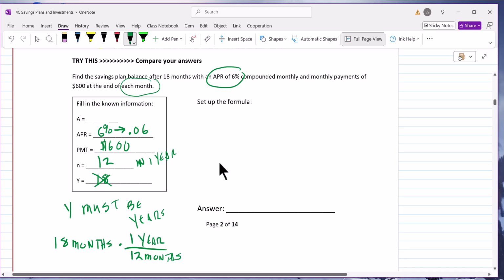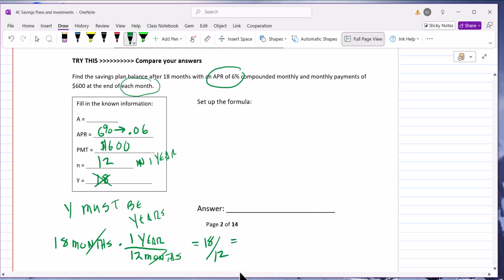Okay, and see, that's like we've talked about all this unit conversion stuff. You just do 18 divided by 12. And if you do that on the calculator, that's going to be 1.5. So what you put in for Y is 1.5. Okay, so that's the only part of the problem that sometimes students have a little trouble with. Don't put months in. Y has to be in years.